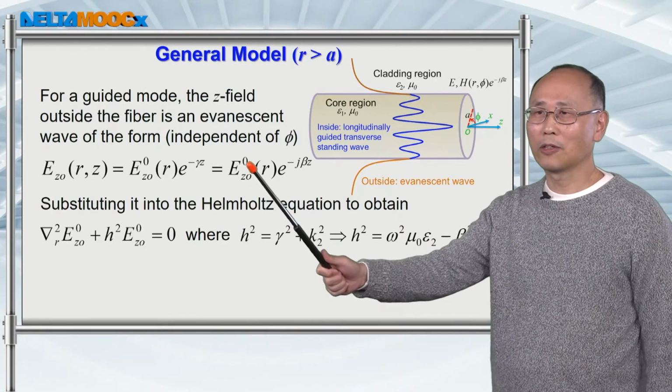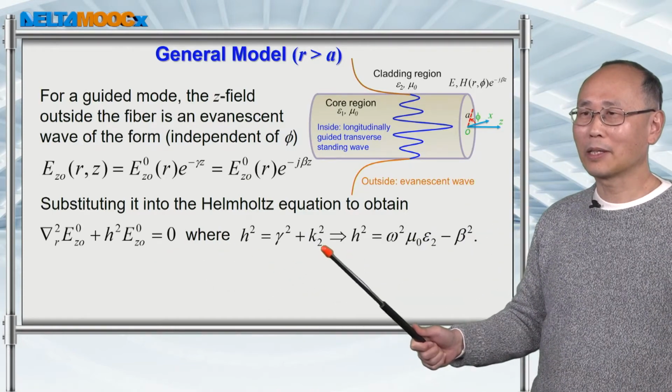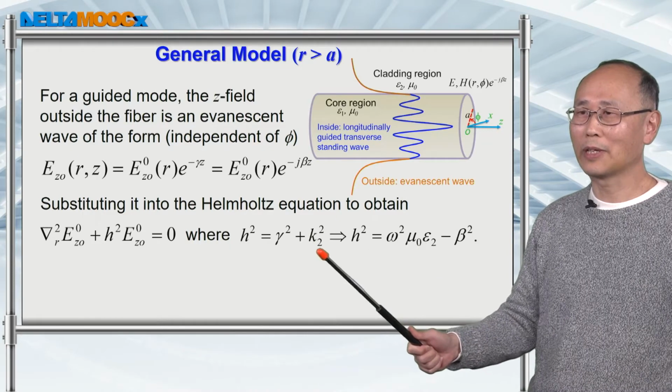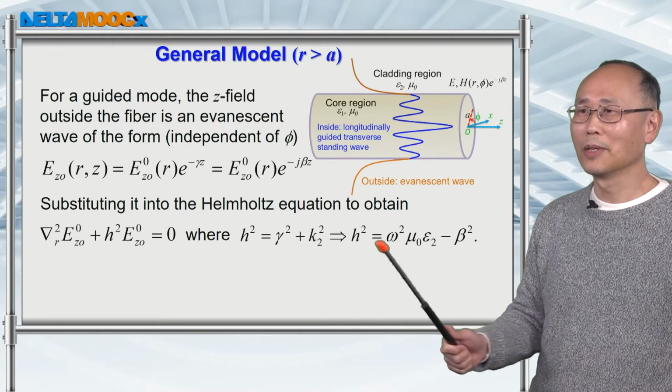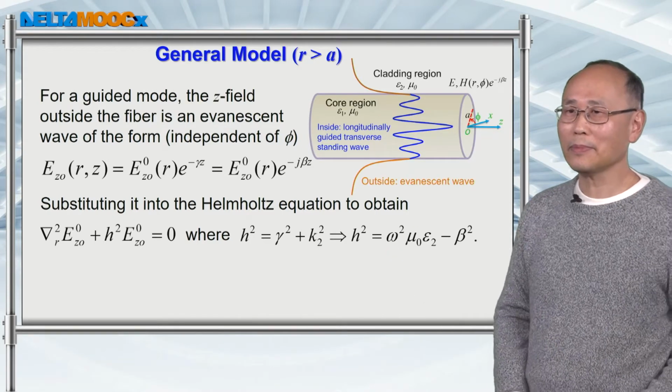Then again, you put this expression into the Helmholtz equation. This k is relevant to the second material, so you have to label this k as k2. So you have the dispersion relationship like this.